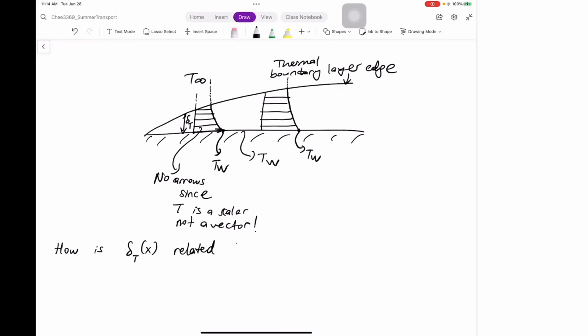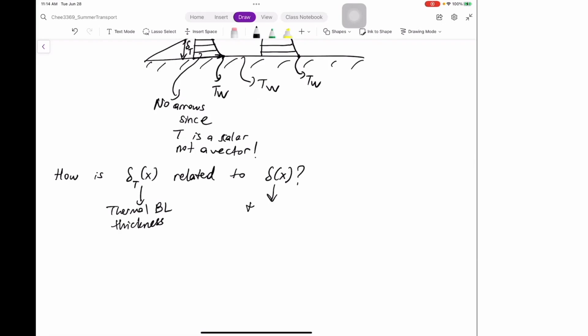This is the thermal boundary layer thickness, and this is the hydrodynamic or momentum boundary layer thickness.